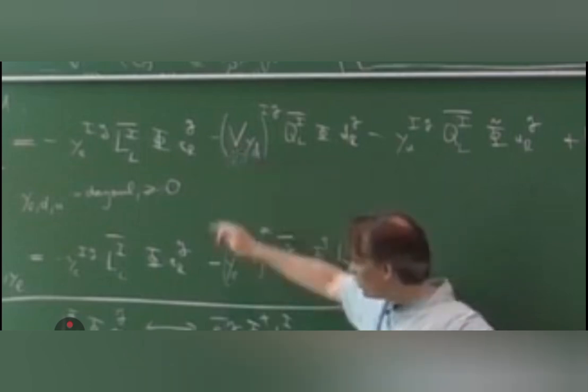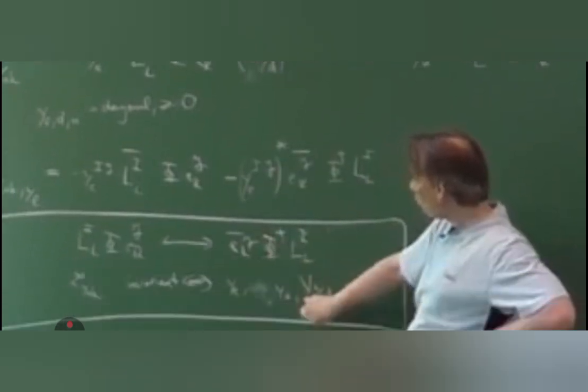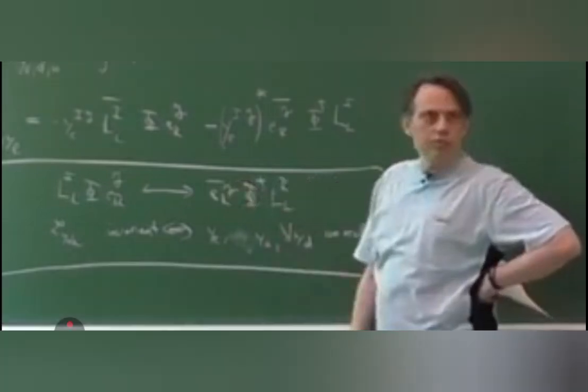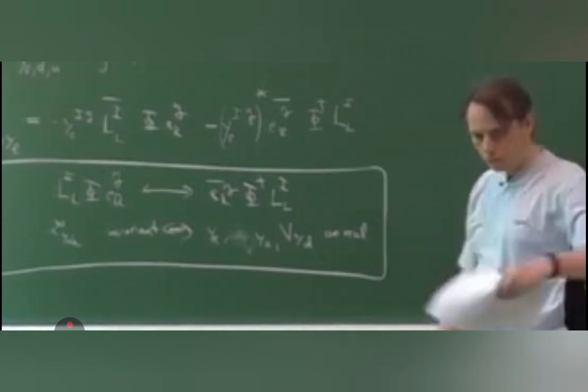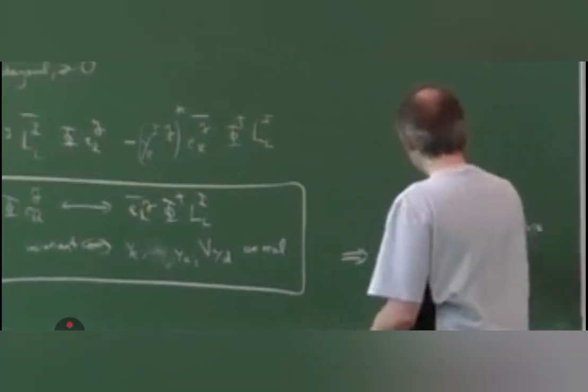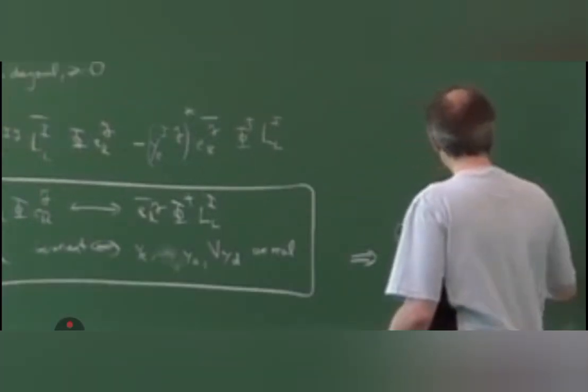And so therefore, it in the end boils down to the question whether the CKM matrix is real or whether it has complex entries. If the CKM matrix is not real, then we have CP violation. A complex CKM matrix is required for CP violation.